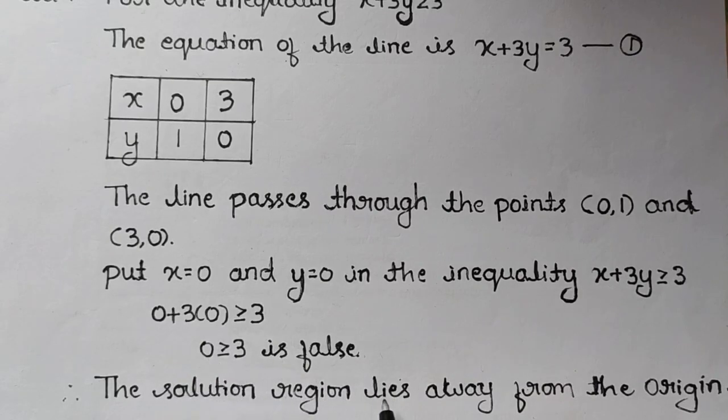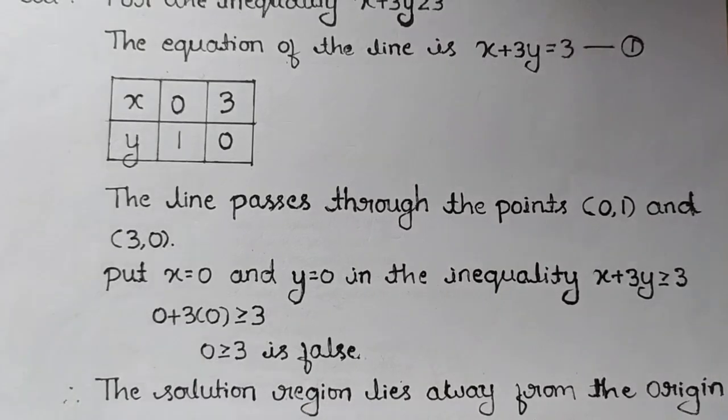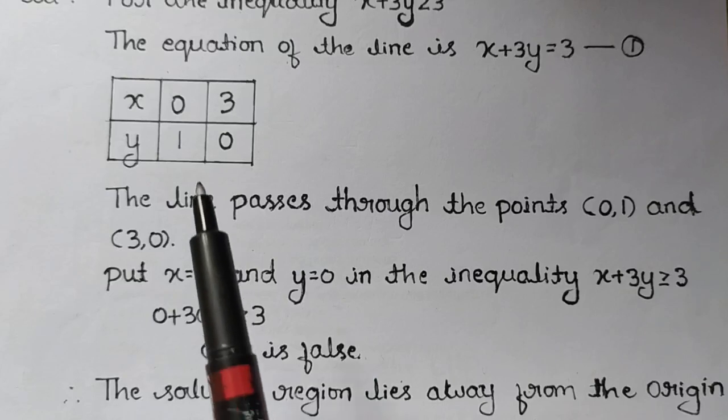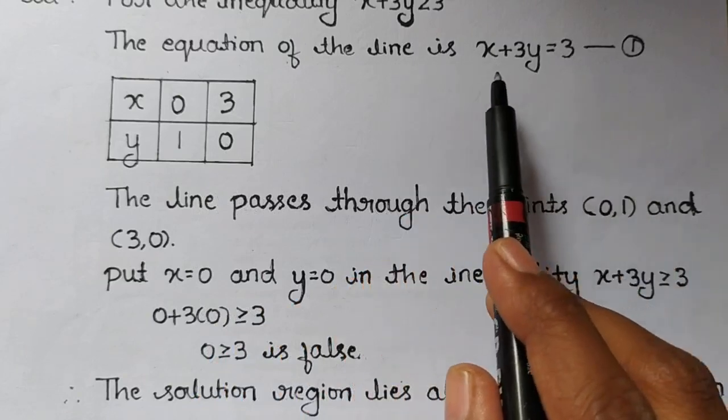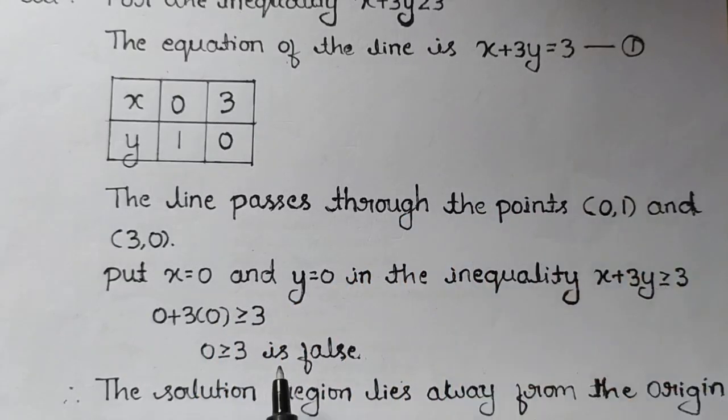Therefore, we conclude that the solution region lies away from the origin. This is about first inequality. Now remember that to find the points on the line we write the equation of the line, and to find the solution region we consider the inequality.